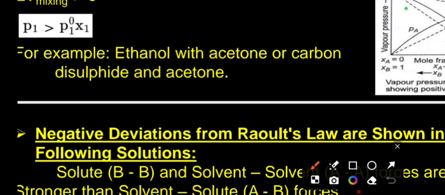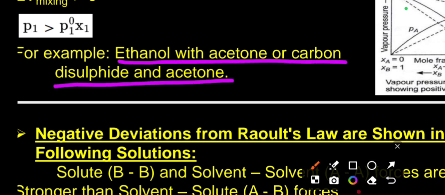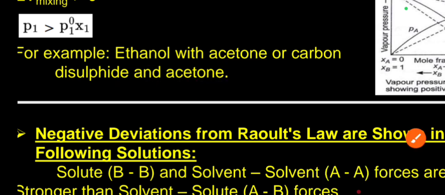And the examples are very important. Examples of positive deviation are ethanol with acetone, or carbon disulfide with acetone. Acetone is also used as a nail paint remover. Remember by this trick: in positive deviation, acetone with ethanol and acetone with carbon disulfide will come.